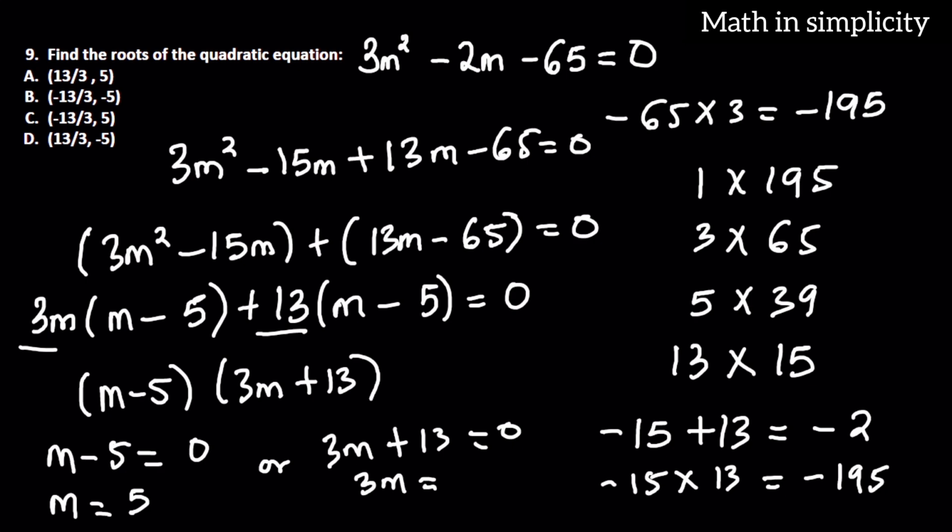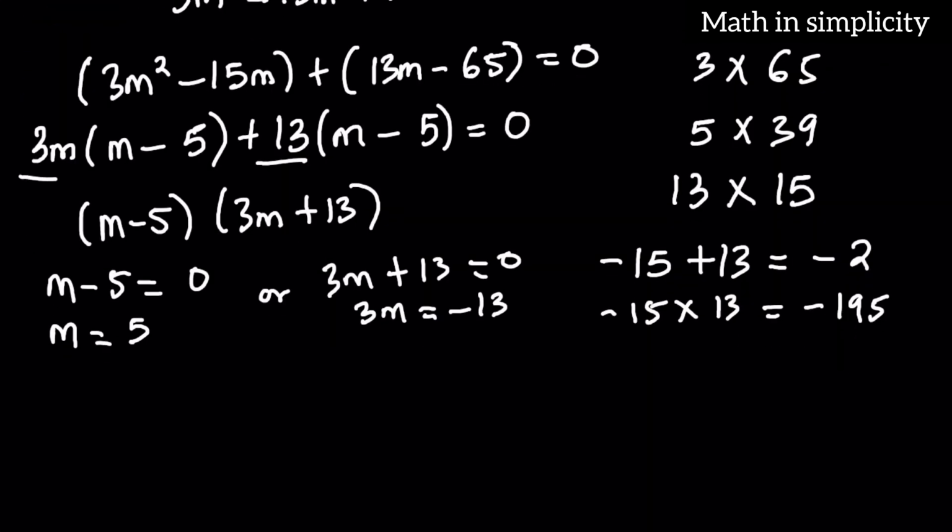3m is equal to +13 crossing becomes -13, just to make a little more room there. So now dividing through by the coefficient, which is 3, m is equal to -13 divided by 3. So finally we have the values of m as -13 divided by 3 and +5, right?